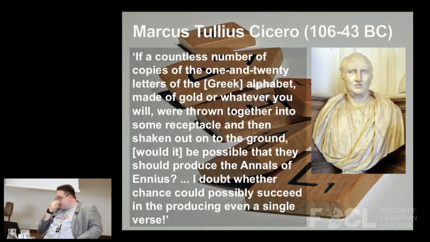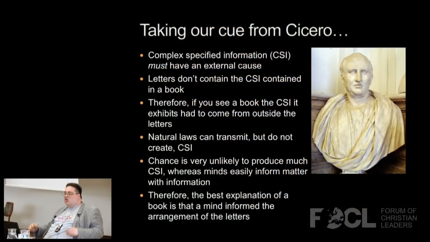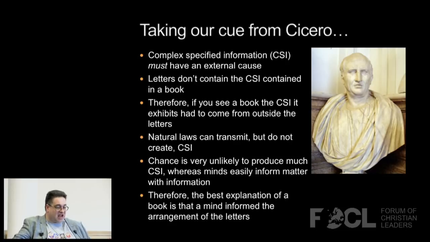If we put his argument in more formal terms, he's saying that complex specified information, like a text, must have an external cause. Letters, like Scrabble letters, don't contain within themselves the complex information that's contained within the information of a book, say.